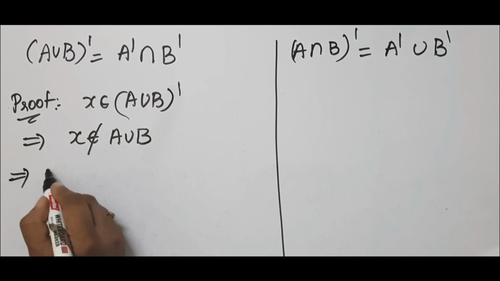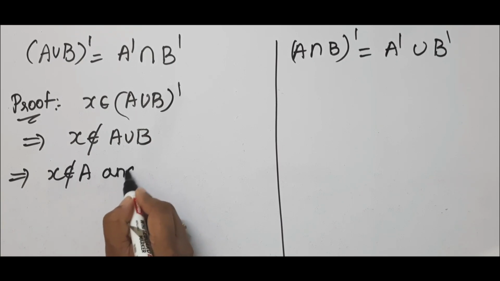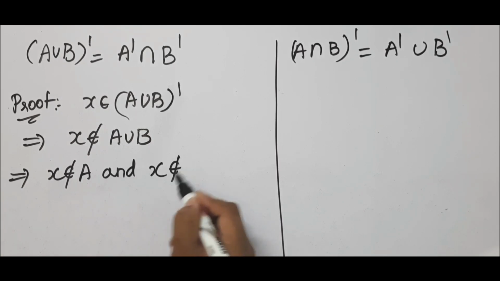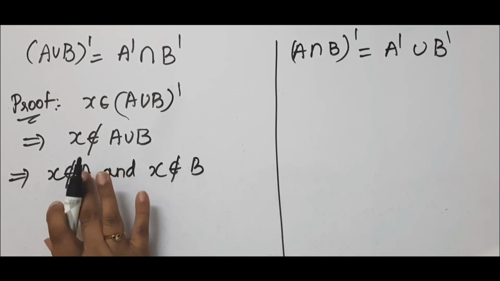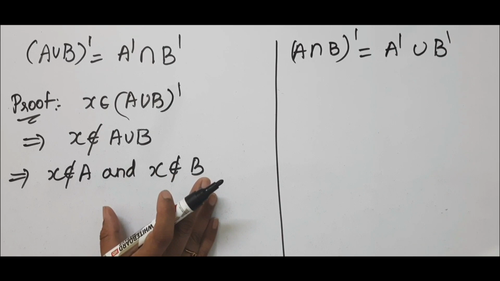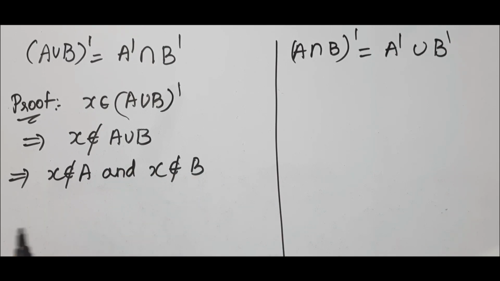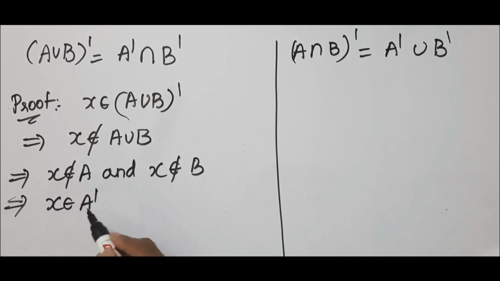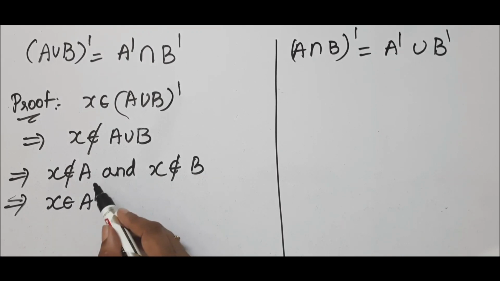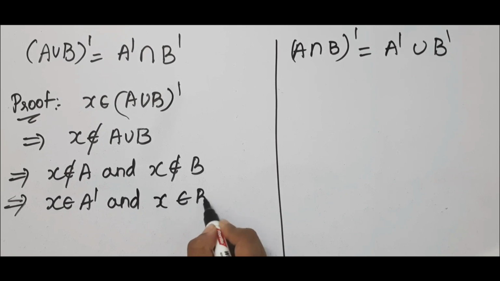So it is clear that X does not belong to A and X does not belong to B. Is it not? So when we are saying that X does not belong to A union B, it means it won't be in both the sets. X does not belong to A and X does not belong to B. So this can be written as X belongs to A complement. When X does not belong to A, it means it belongs to A complement. Is it not? And X belongs to B complement.